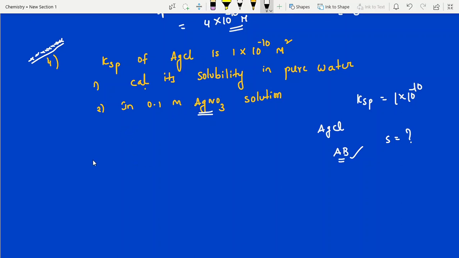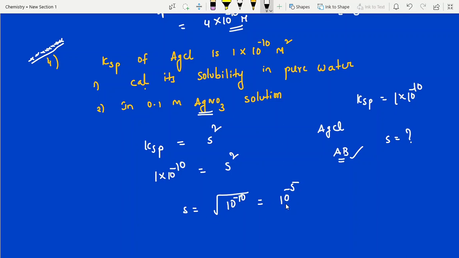So listen students, first we take KSP equals S square. Directly I am taking the formula, you people know, no? So KSP is 1 into 10 to the power of minus 10, this is S square. S equals root over 10 to the power of minus 10, that is nothing but 10 to the power of minus 5. Right students? Up to here clear.